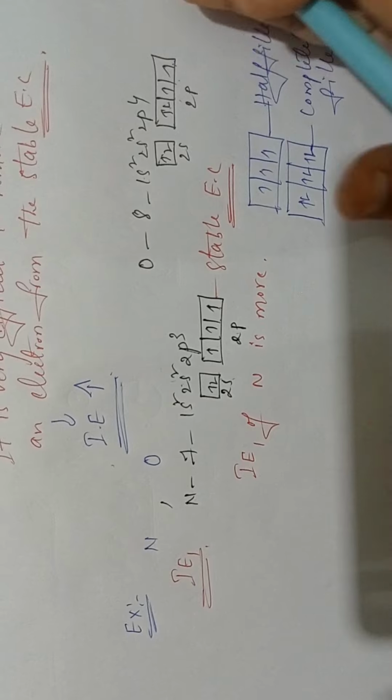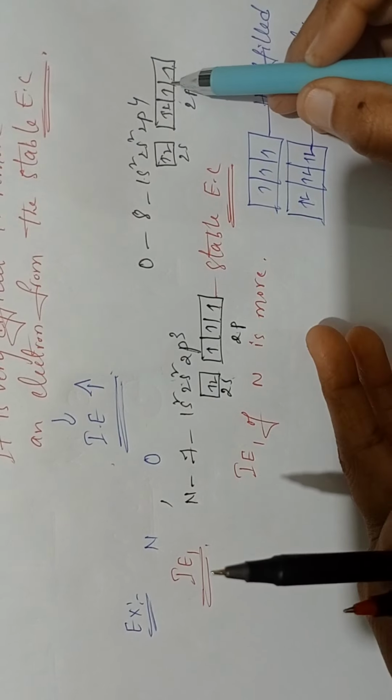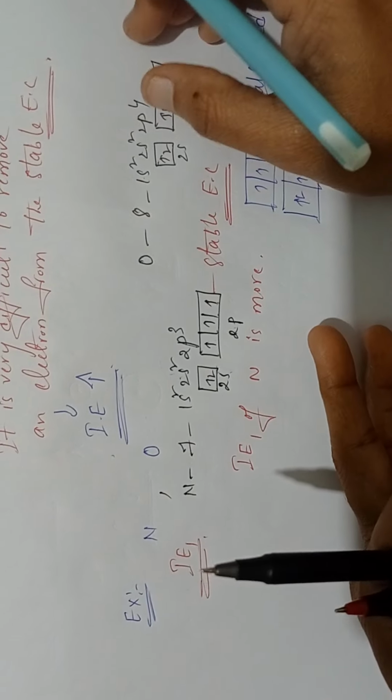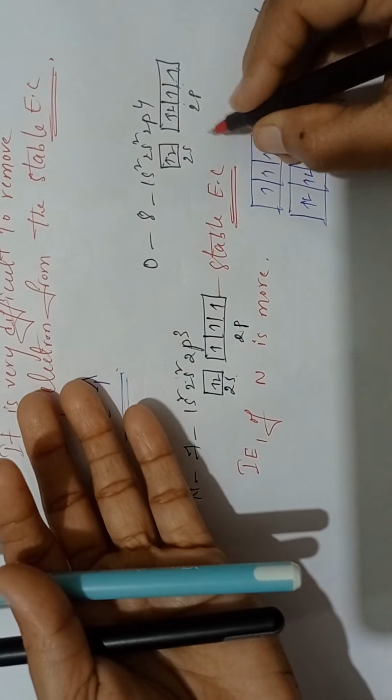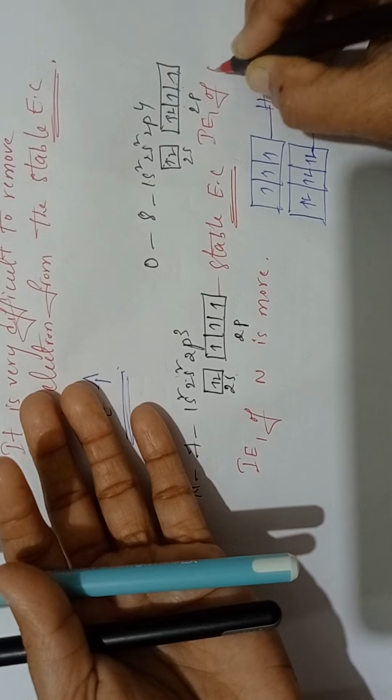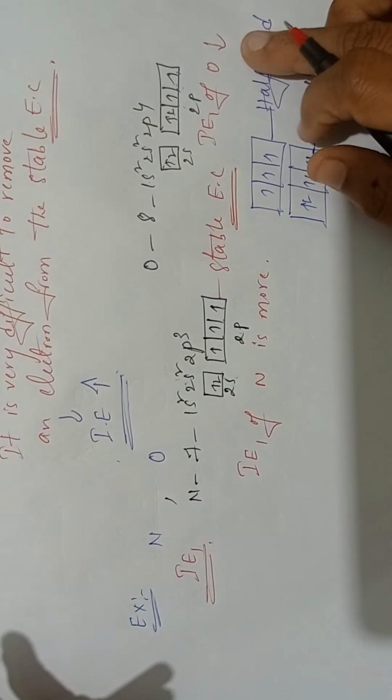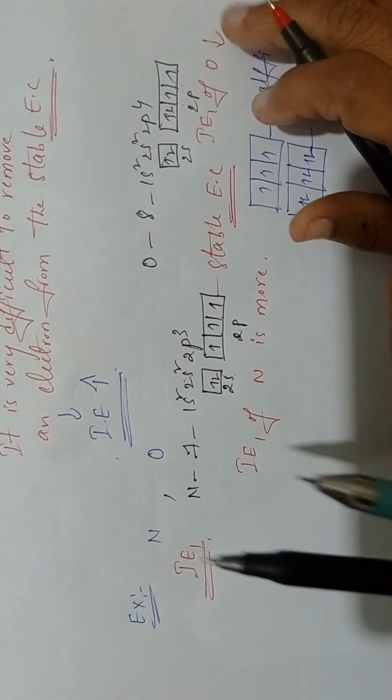That's why it is not stable. It is unstable, so from this we can easily remove the electron, students.